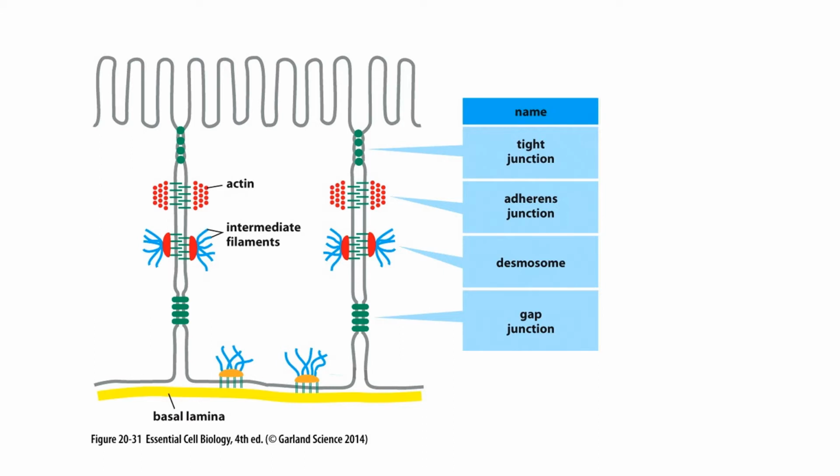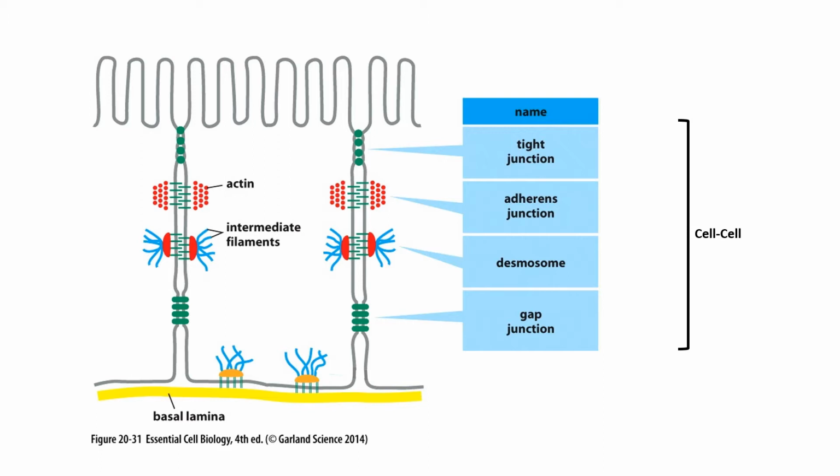The previous video you watched introduced the cell-to-cell and cell-to-matrix junctions, but I wanted to provide a little more information about each of those, beginning with the cell-to-cell junctions. There are three general types of cell-to-cell associations.